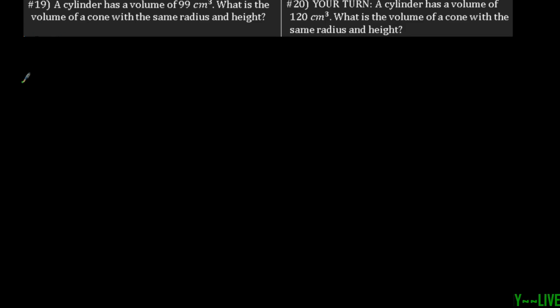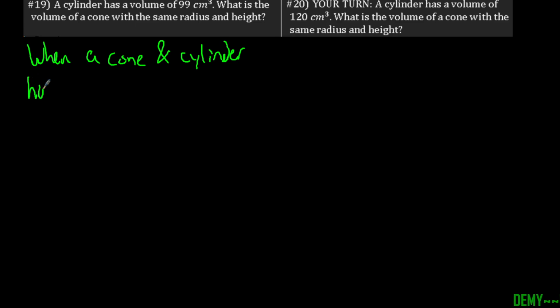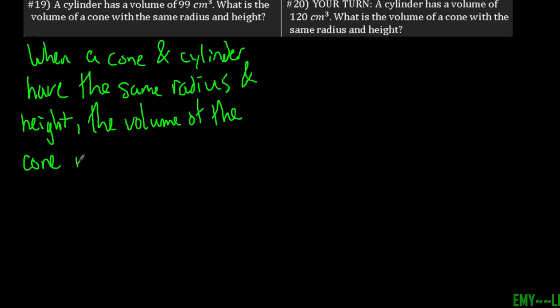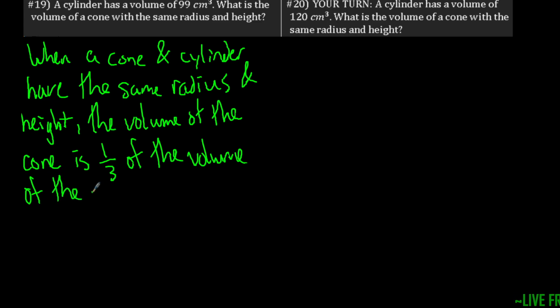So all we're going to say is when a cone and cylinder have the same radius and height, the volume of the cone is 1/3 of the volume of the cylinder.